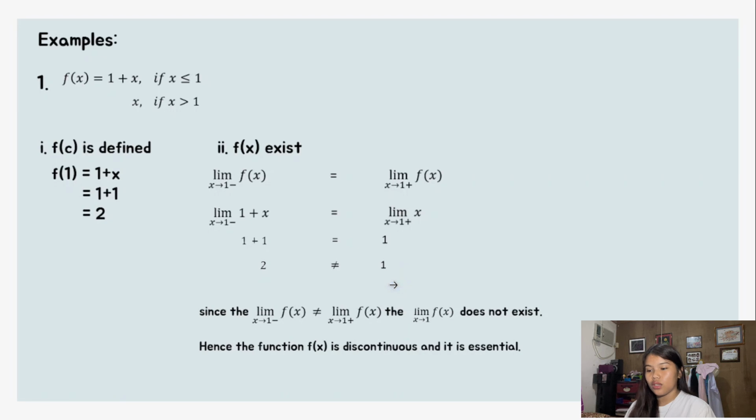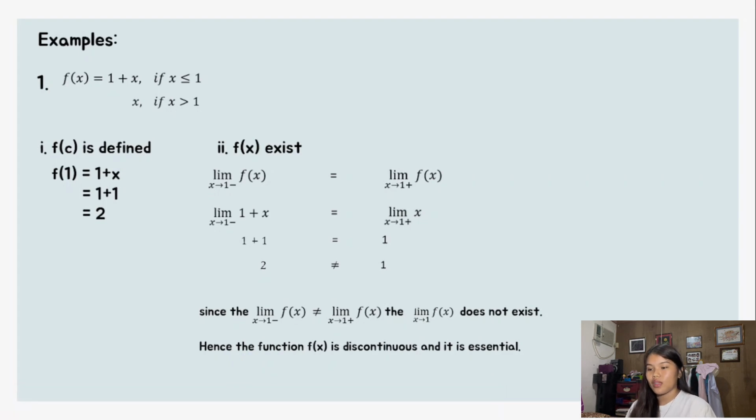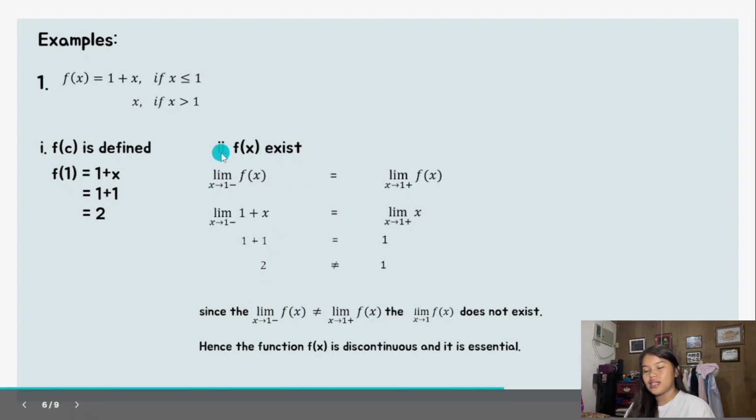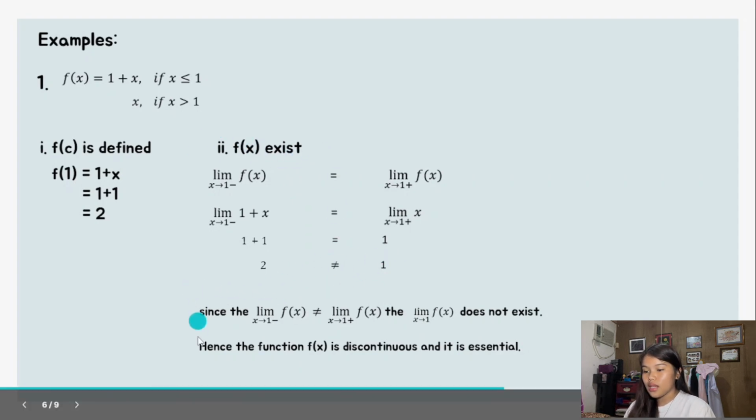Therefore, we can conclude, since the limit of f of x as x approaches 1 negative is not equal to the limit of f of x as x approaches 1 positive, the limit of f of x as x approaches 1 does not exist. Hence, the function f of x is discontinuous and it is essential. So always remember that if in step 2, the part where the limit of f of x exists, the one-sided limits are not equal, we will stop and we can conclude like this.